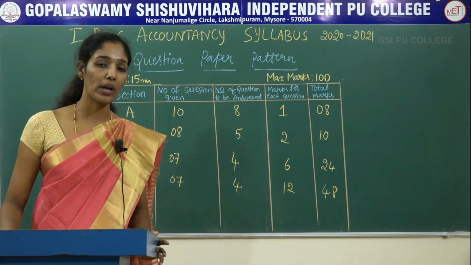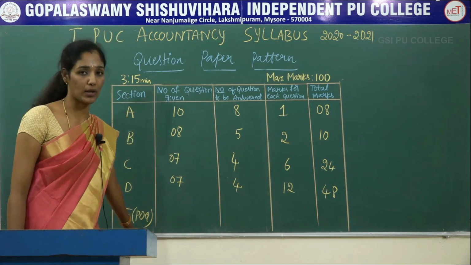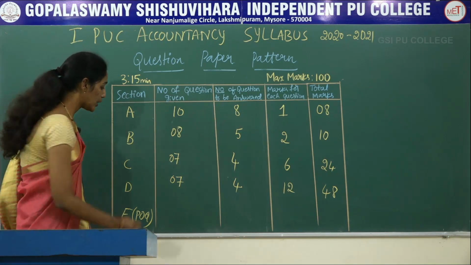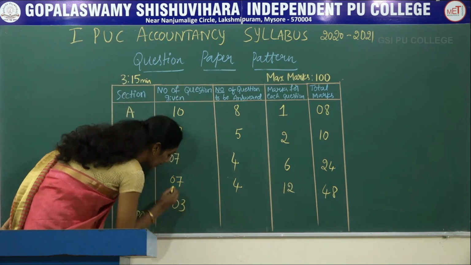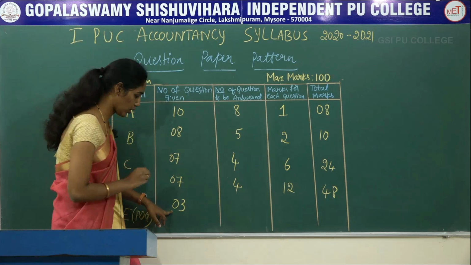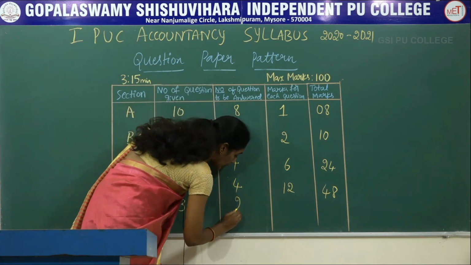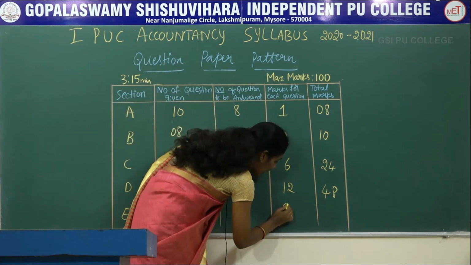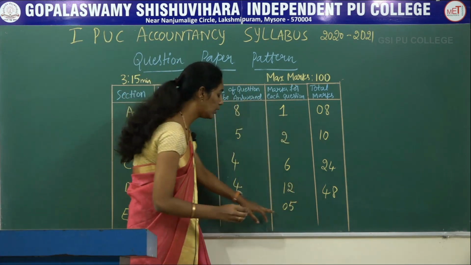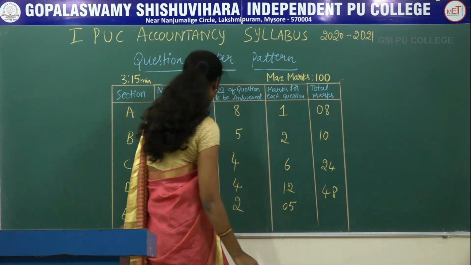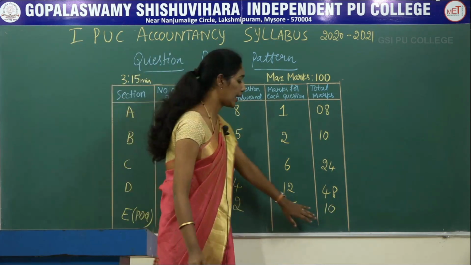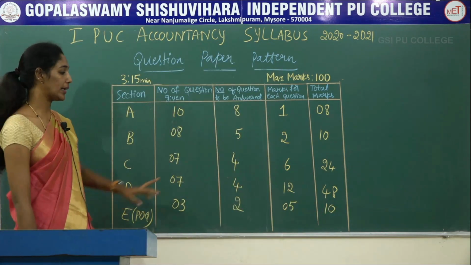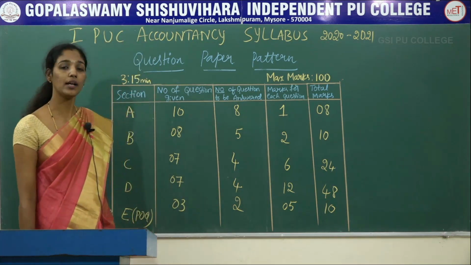That will be known as practical oriented questions. In section E, there are 3 questions given. Out of 3 questions, you have to answer only 2 questions and each question carries 5 marks. The total marks allotted to section E is 10 marks. You can easily score 10 marks in the practical oriented section.